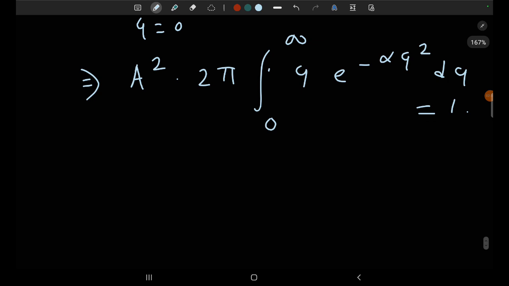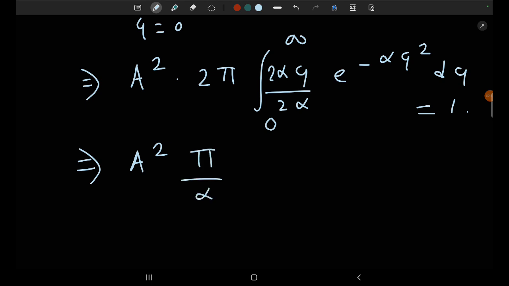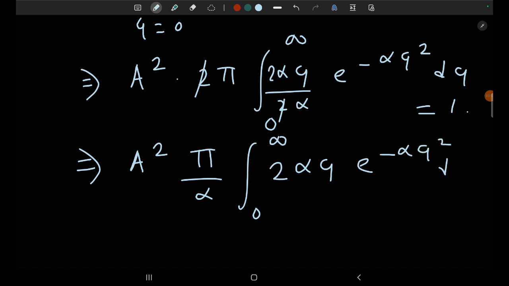If we multiply and divide by 2 alpha, we have a squared pi by alpha, since the 2's cancel out, integral from 0 to infinity of 2 alpha c1 e to the power minus alpha c1 squared dc1.